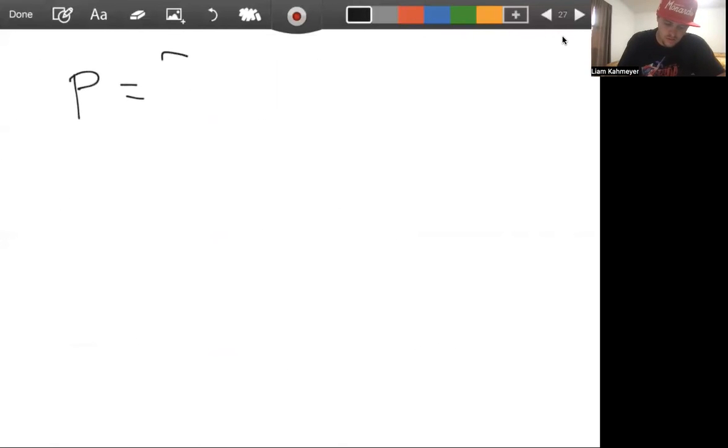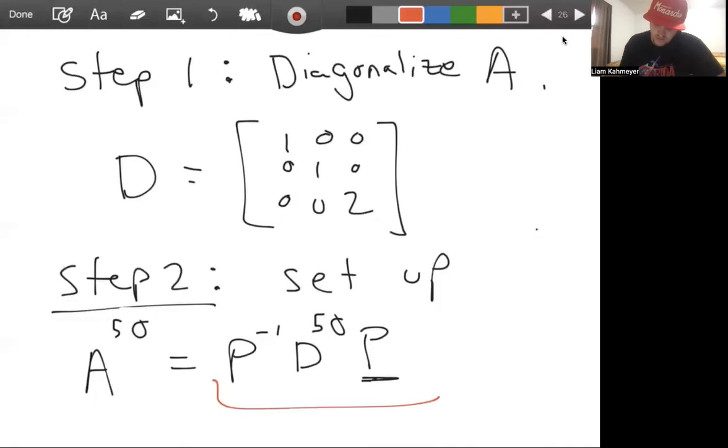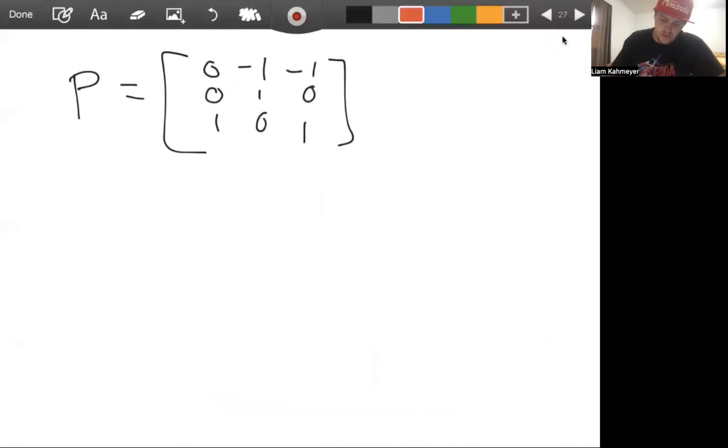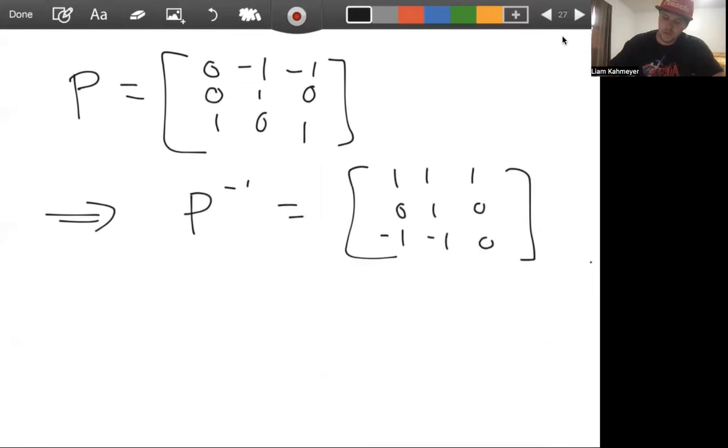So assuming we did that, what we will get is that P is 0, 0, 1, negative 1, 1, 0, and then negative 1, 0, 1. And then you'd have to take the inverse, because we have to take this product. So we need to find P, D, and also P inverse. I'll leave the arithmetic for you all to verify. You get that P inverse is 1, 1, 1, 0, 1, 0, negative 1, negative 1, 0.